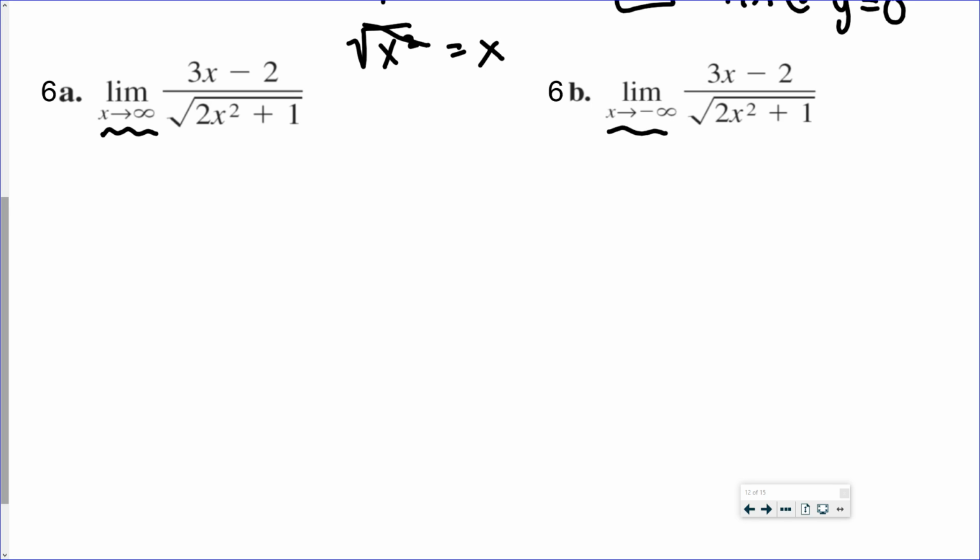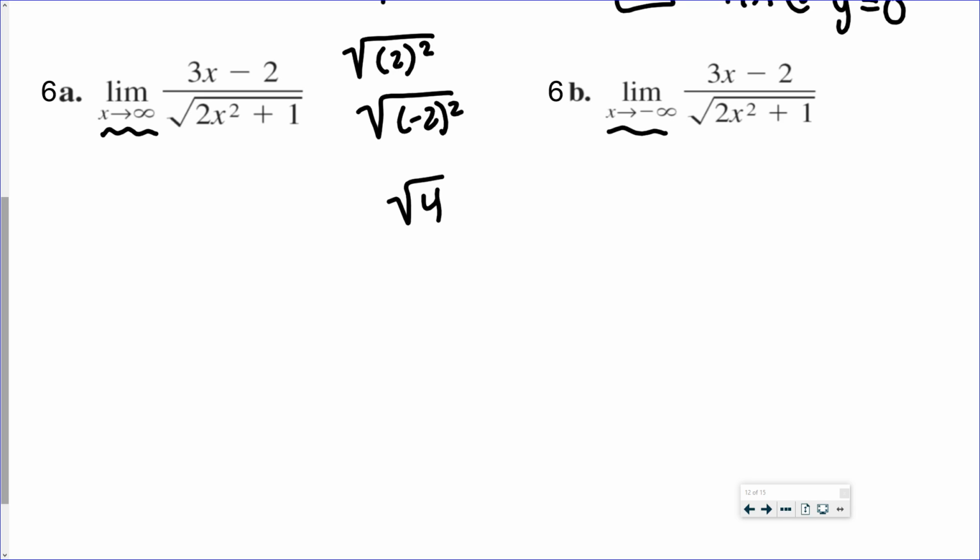Do you agree that we could have a positive number squared or a negative number squared? And these are both the square root of 4, right? But here I'd get out a positive 2, and here I'd get out a negative 2.